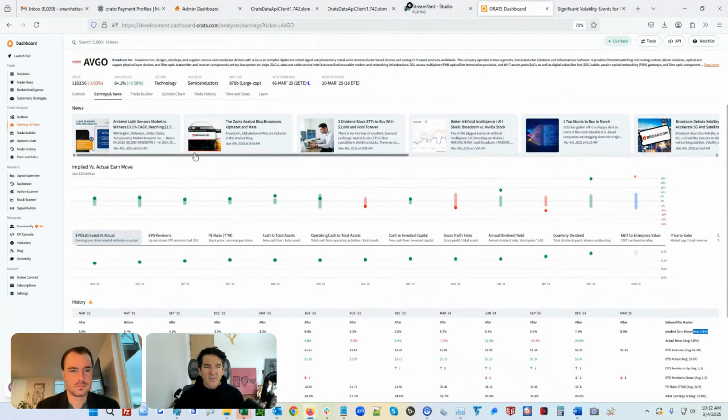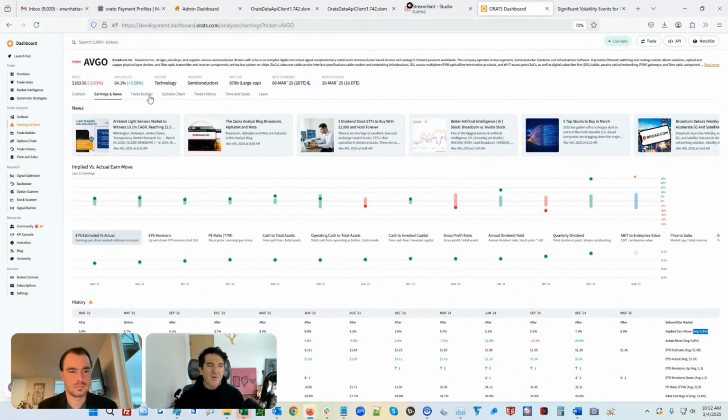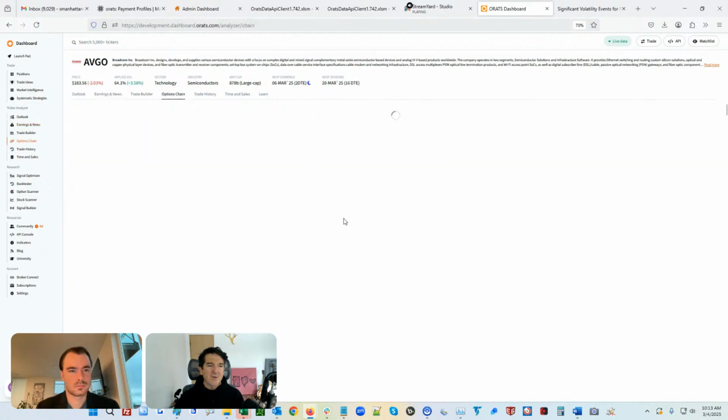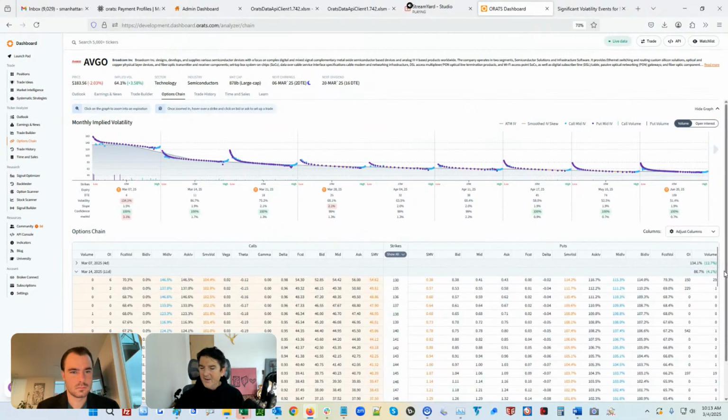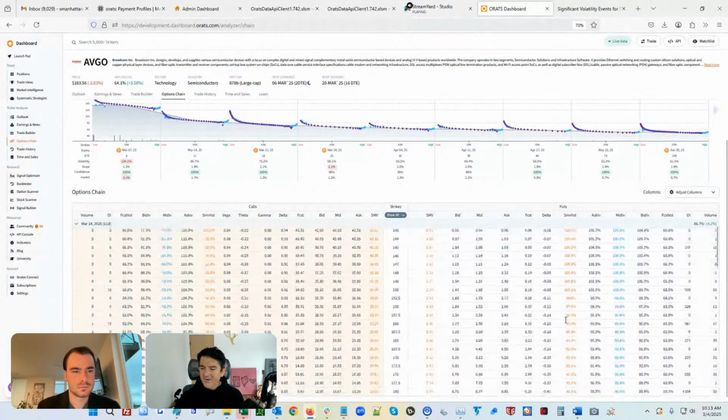So we thought this was a pretty big overstatement of volatility. When you look at the options chain for Avgo, you'll see higher volatilities because earnings is coming up. But then you'll want to go in and look at what the forecast of volatility is.